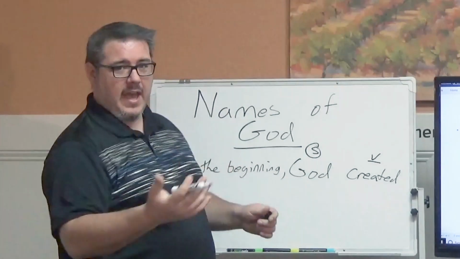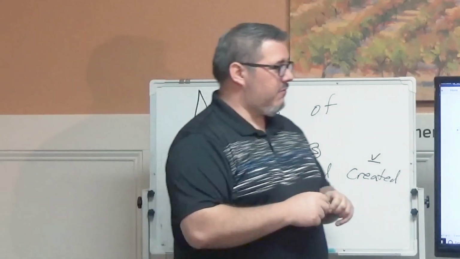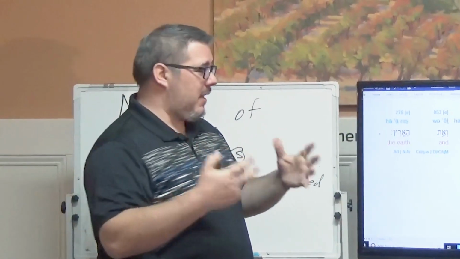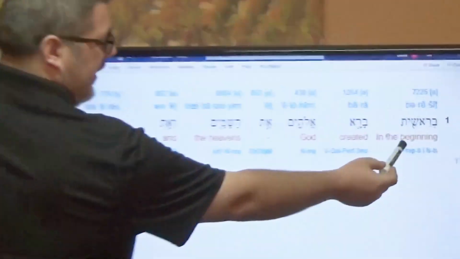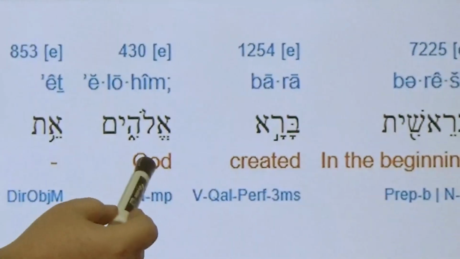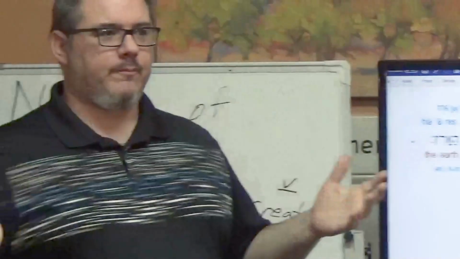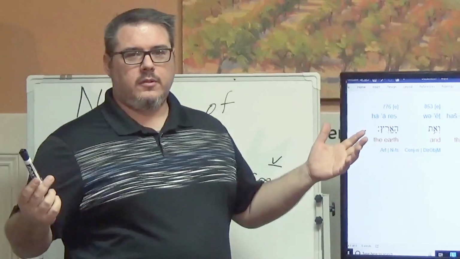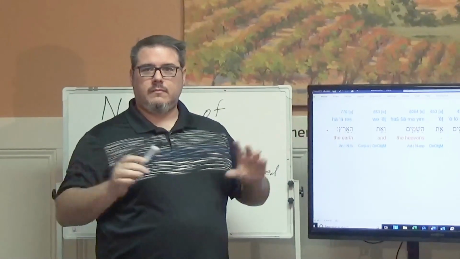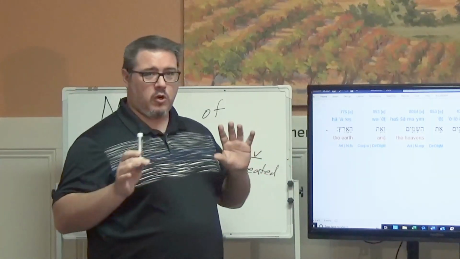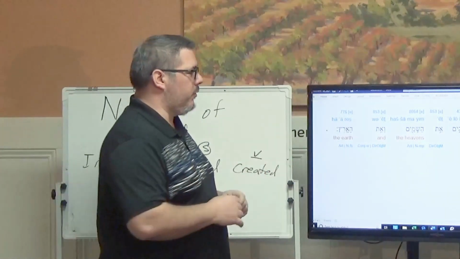Now, when we look at Hebrew, if we were to translate it the exact same way, it would say, in the beginning, created God. Now, in English, we would look at that and say, okay, so who created God? Completely different use of verbs and nouns in Hebrew.